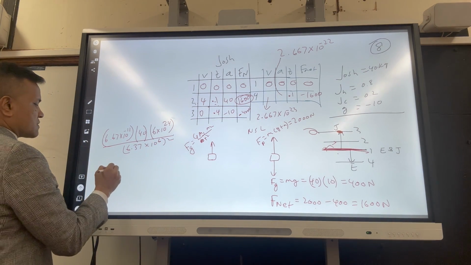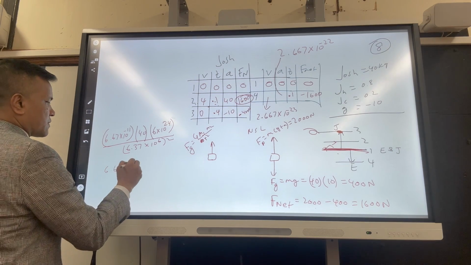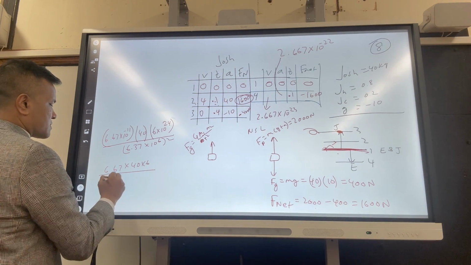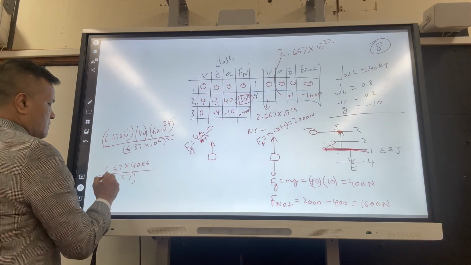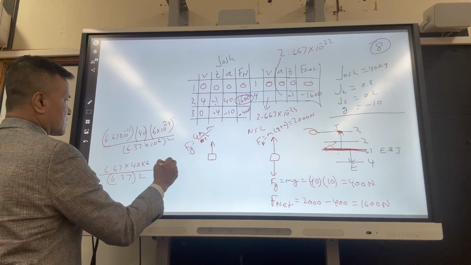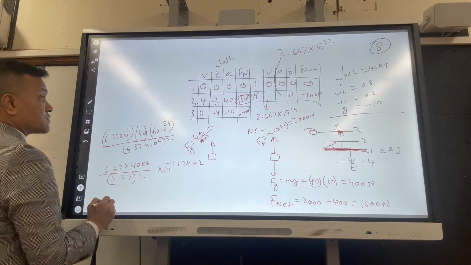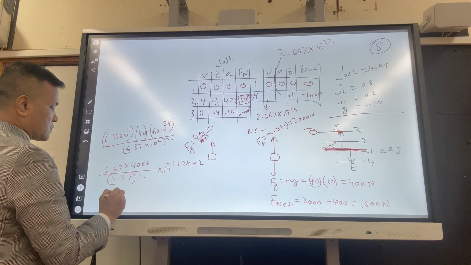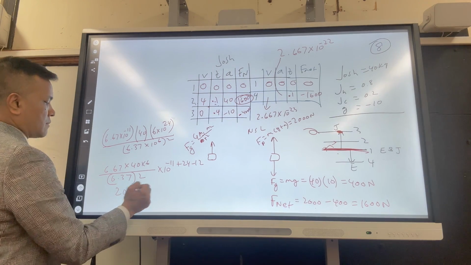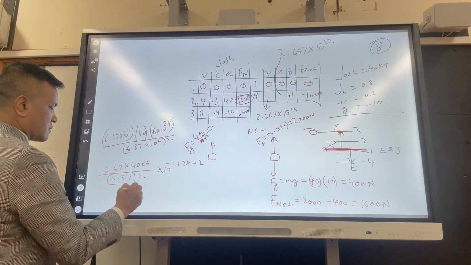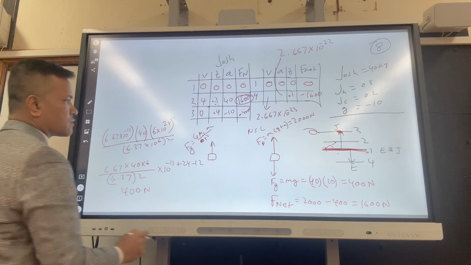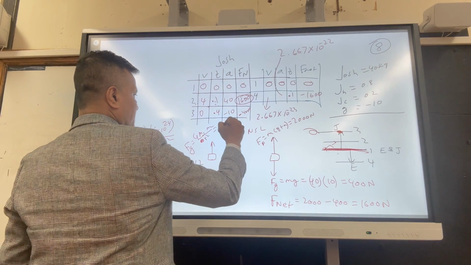So you have 6.67 times 40 times 6 divided by 6.37 squared, times 10 raised to negative 11 plus 24 minus 12, and that gives you 400 Newton. So this is 400 Newton.